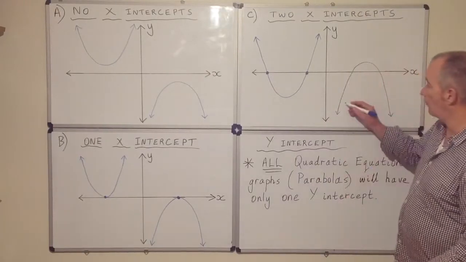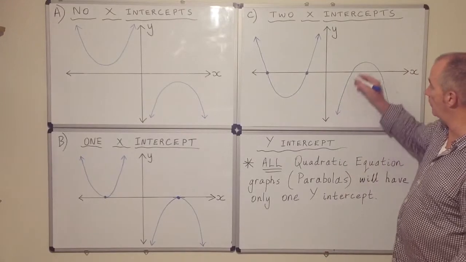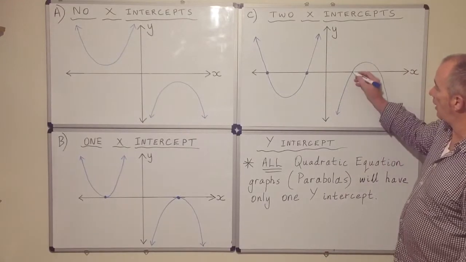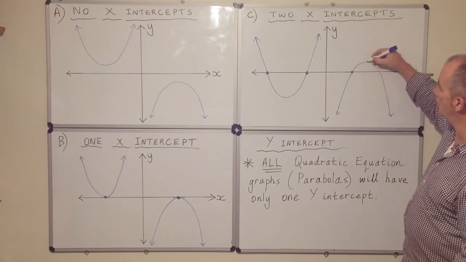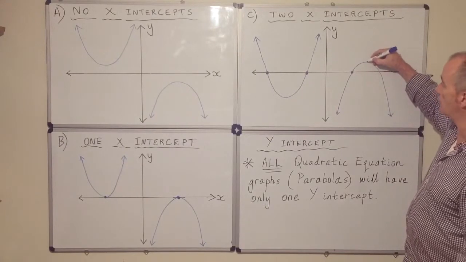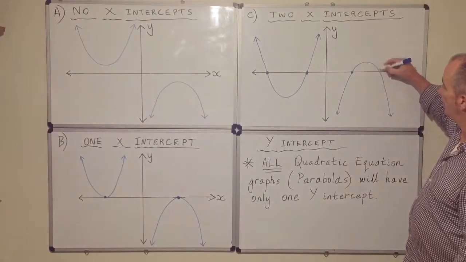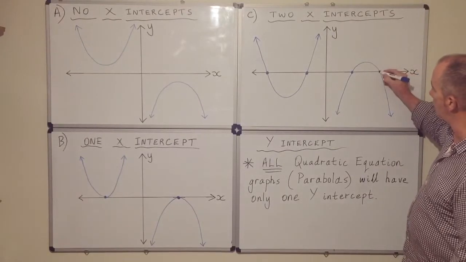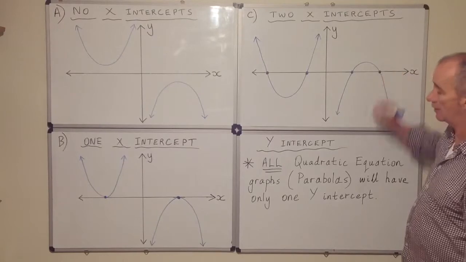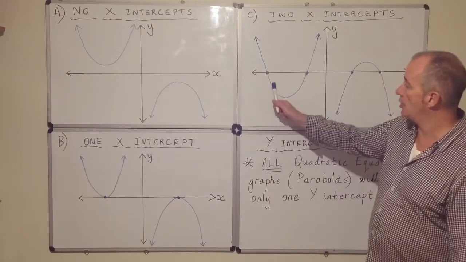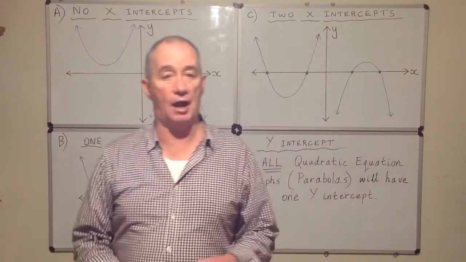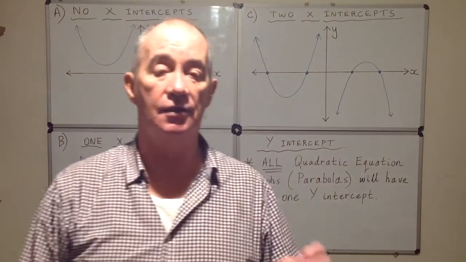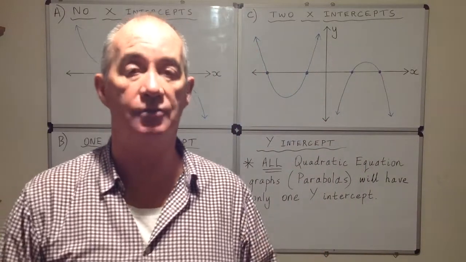Likewise, I've drawn an inverted parabola graph here. It goes up, cuts through the x-axis there, goes up to the turning point, which is above the x-axis, then it turns round and goes back down, so it cuts through the x-axis again there. These two parabola graphs are examples of parabola graphs that have two x-intercepts.